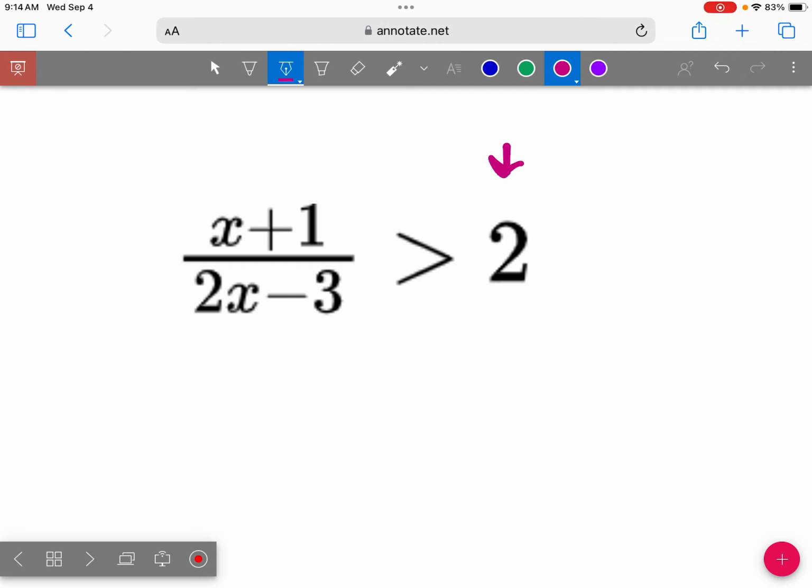Make it be 0 over here. We can do it if it's greater than or equal to 0, or greater than 0. That's positives versus negatives. There's not a shortcut for that on 2. So we need to make that 0, just like we did in quadratics, to set things equal to 0.